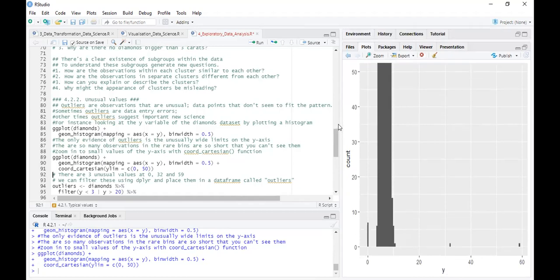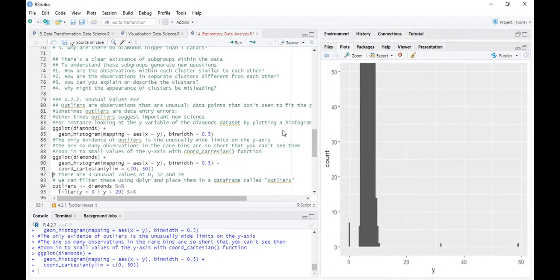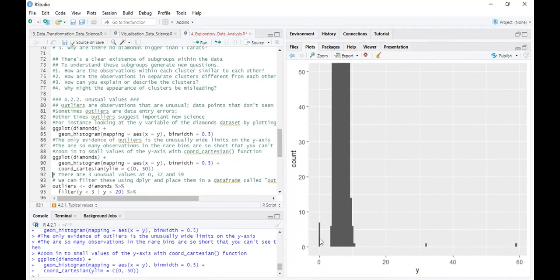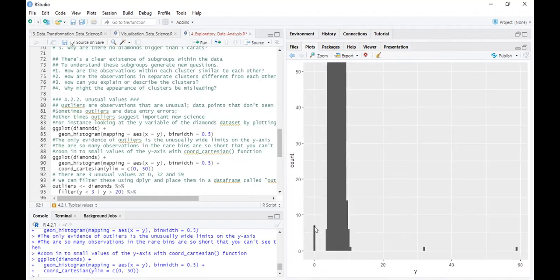Sorry, the screen's a bit small, but you can notice that we had these little points that we couldn't notice previously, and now we've zoomed in on them. There's a point at 0, there's a point at 32, there's a point at 59.